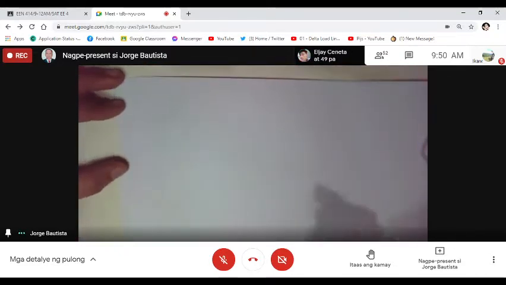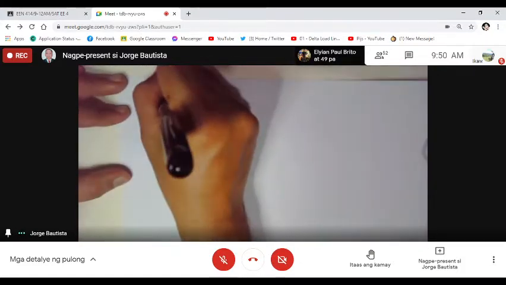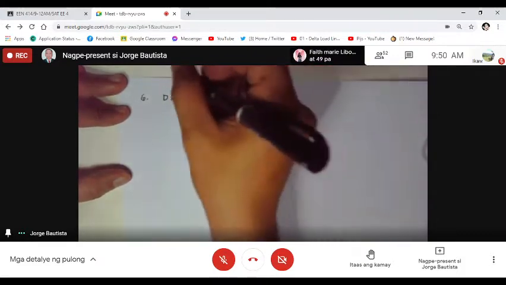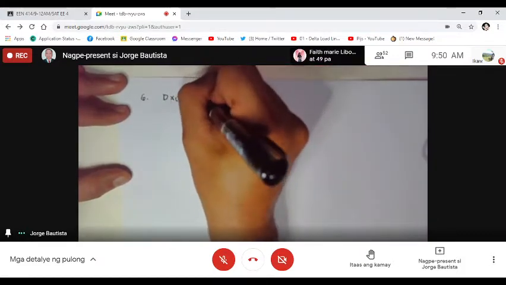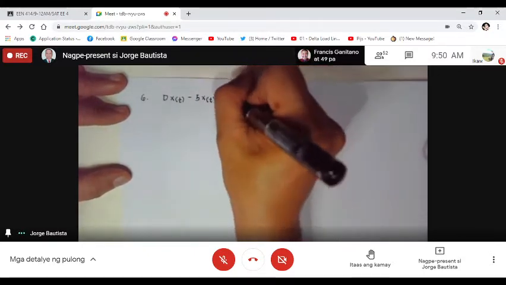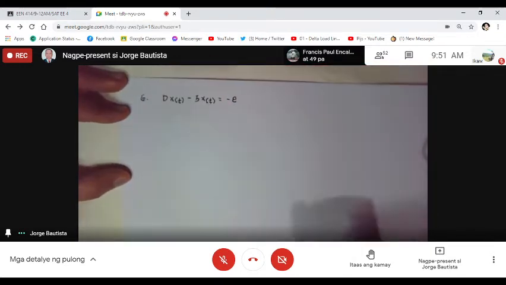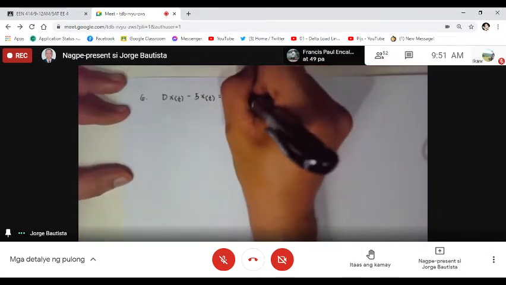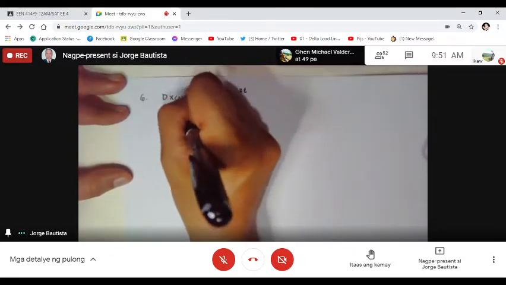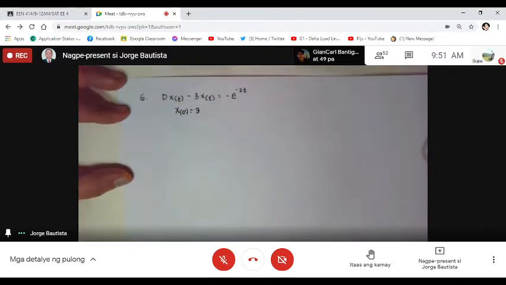Sulat ko lang. So that is dx/dt minus 5x(t), that is negative e raised to negative 2t, with the condition x(0) is equal to 3.